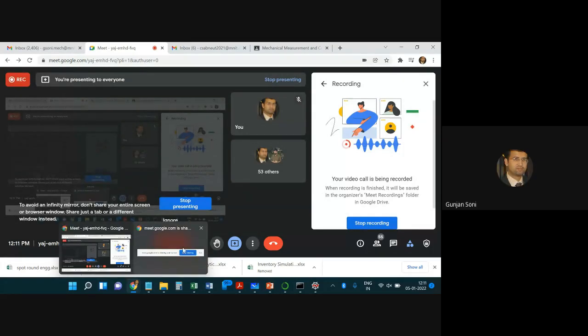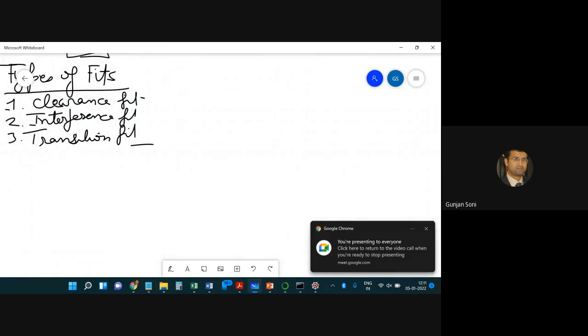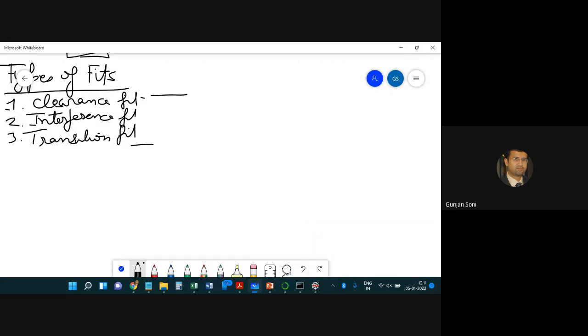So now, there are three examples which we have discussed. For the clearance fit in our day-to-day life, we can see piston and cylinder assembly.